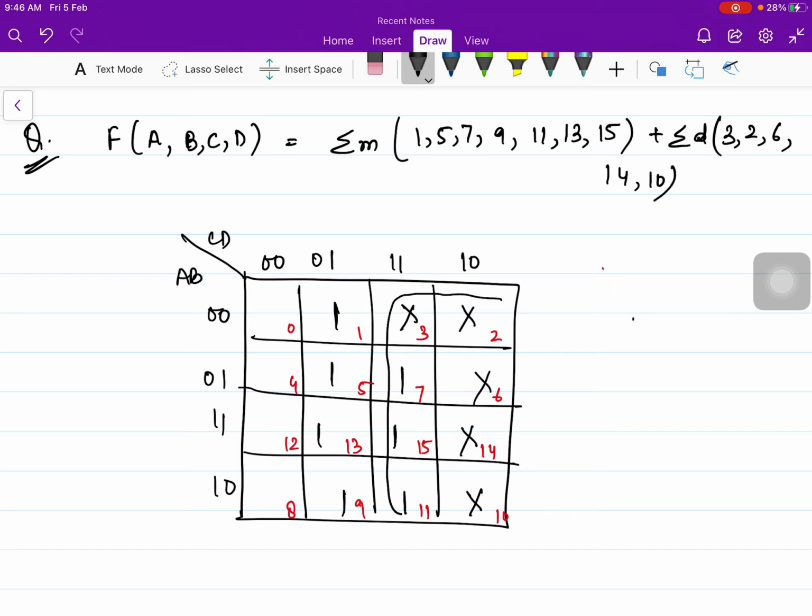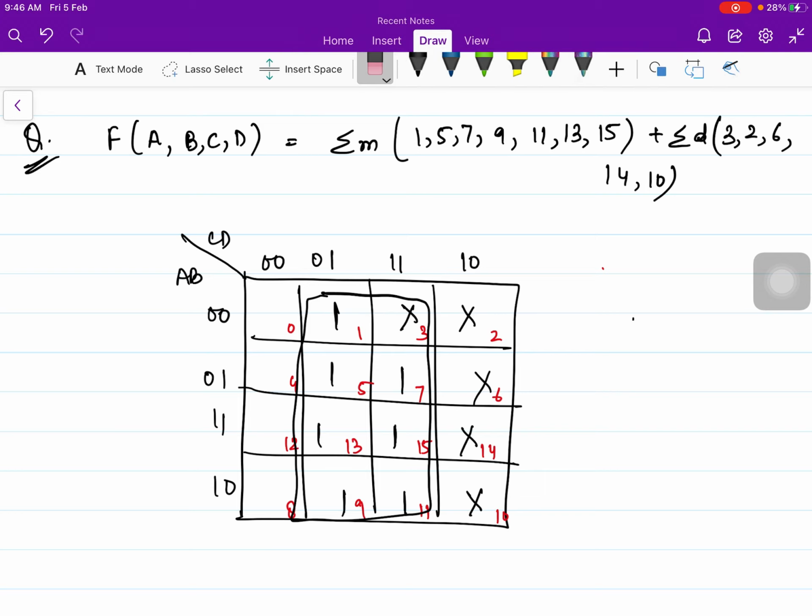If you are thinking to make a group of this 8, that is wrong, because by making this other group, you will be able to include all the ones. So the first group which I made was not required. You don't have to make this group. Only the group that will be made is this, because it includes all the ones.